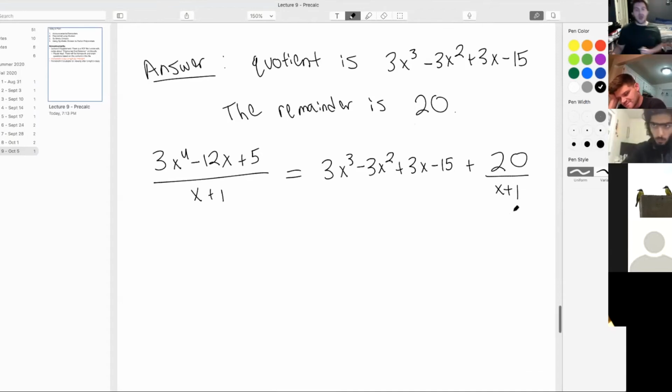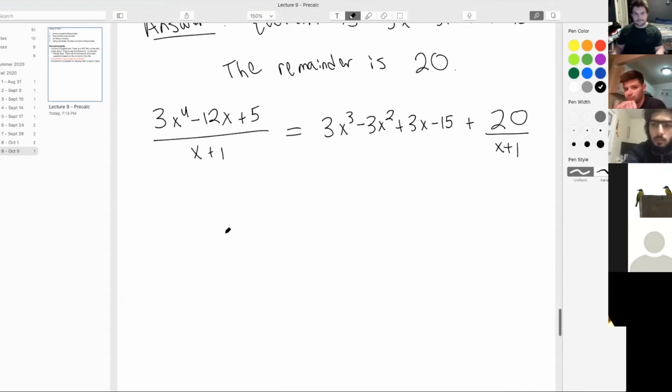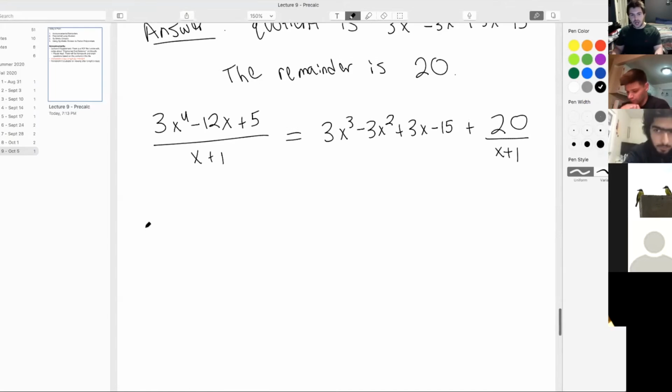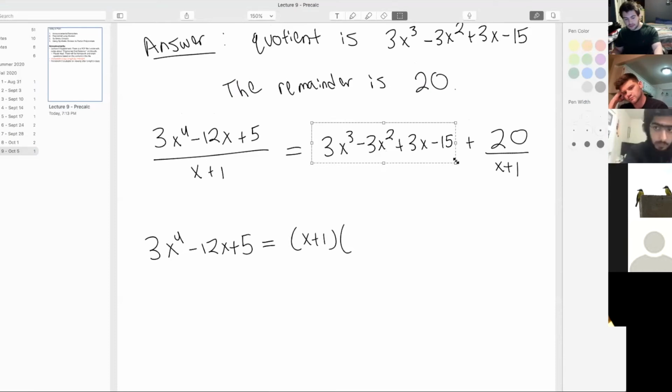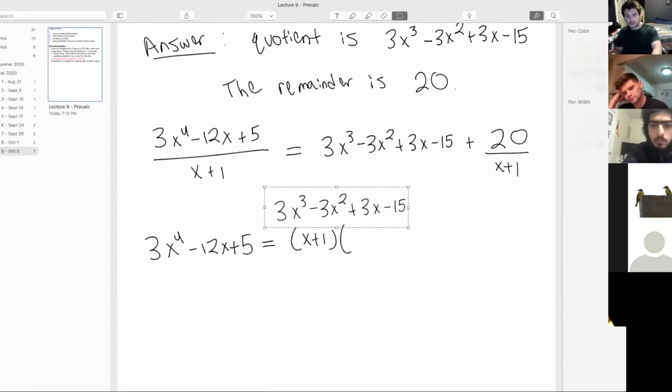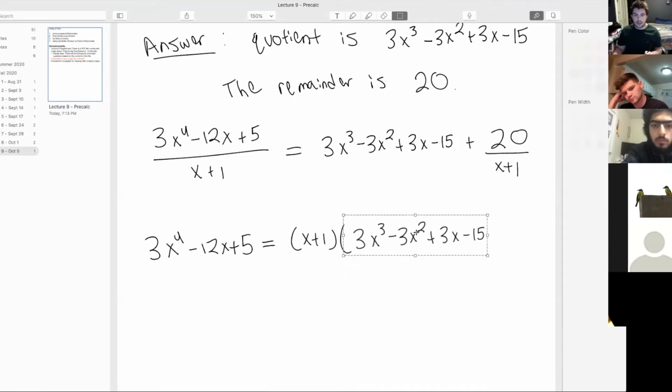By the definition of division, we have rewritten 3x to the 4th minus 12x plus 5 as x plus 1 multiplied by this, 3x cubed minus 3x squared plus 3x minus 15, and then plus 20.